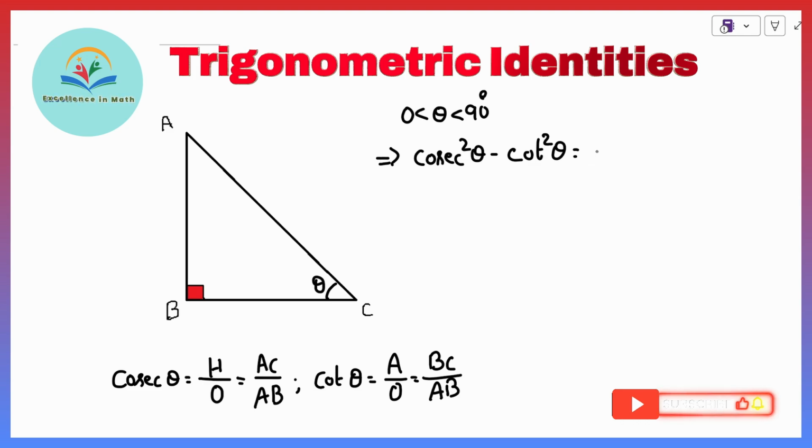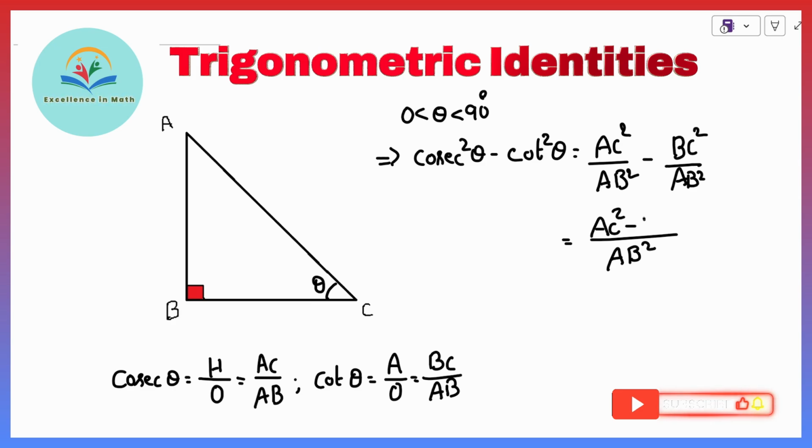Now try to replace these values, that is AC square over AB square minus BC square over AB square. As usual, in like fractions, we can subtract the numerators, that is AC square, hypotenuse square, minus the adjacent side square.